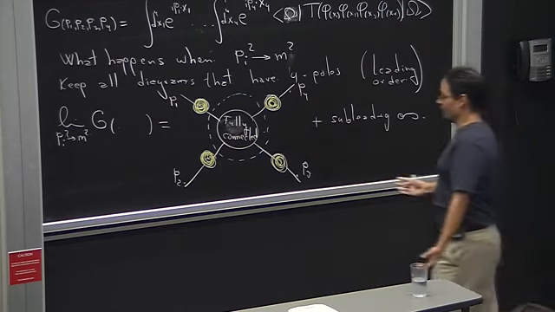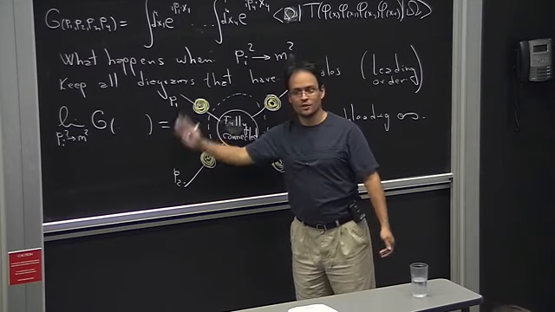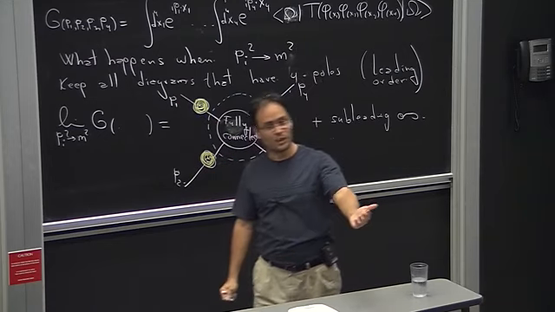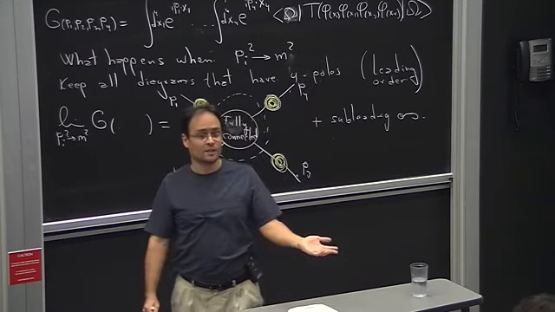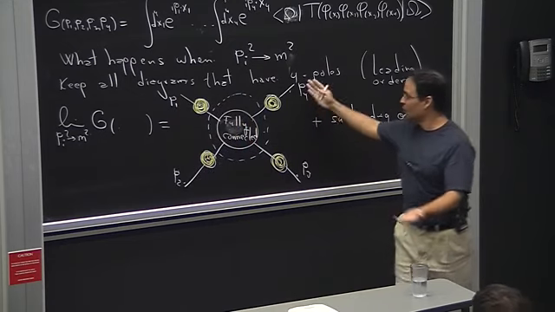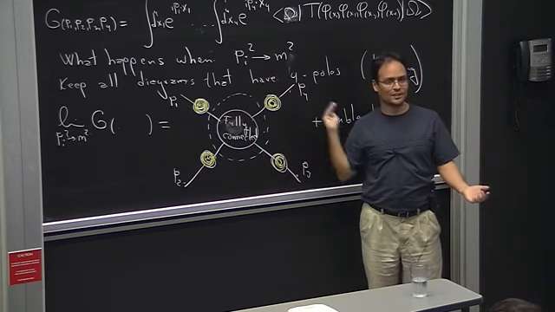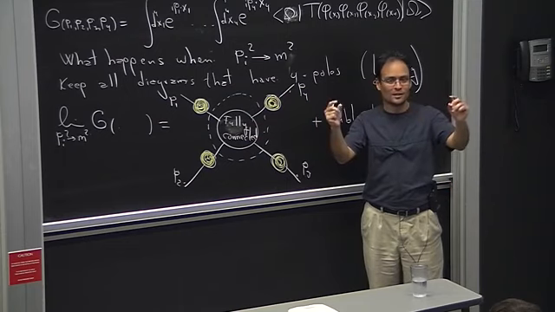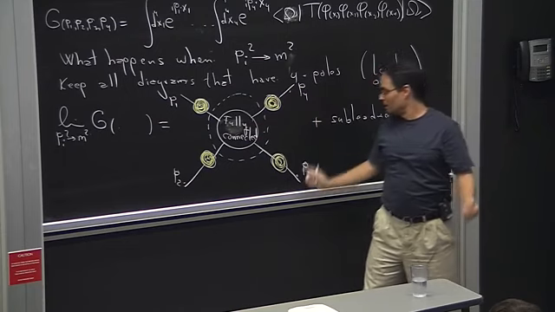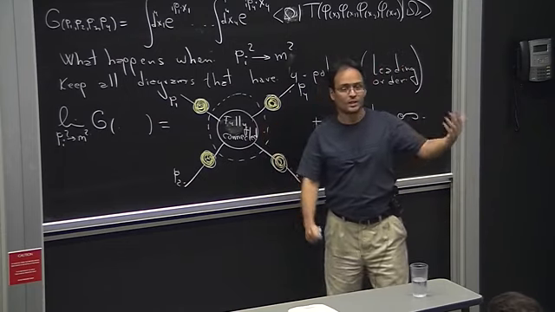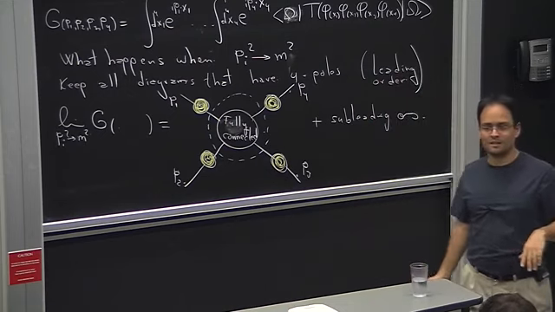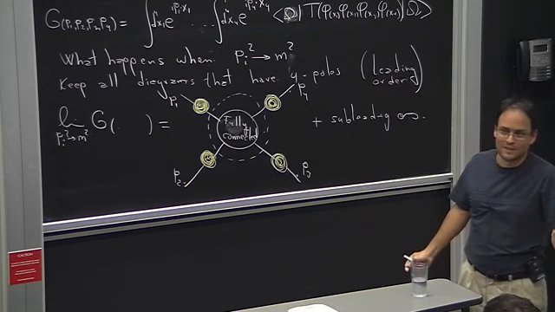Well, the connection is that some of these guys should have positive energies and some of them should have negative energies, because otherwise momentum conservation will not be satisfied. The zeroth component could not be 0 if all these guys had positive zeroth component. As simple as that.